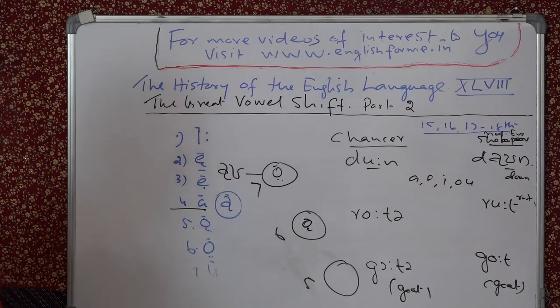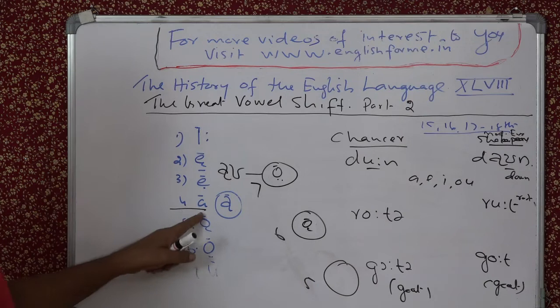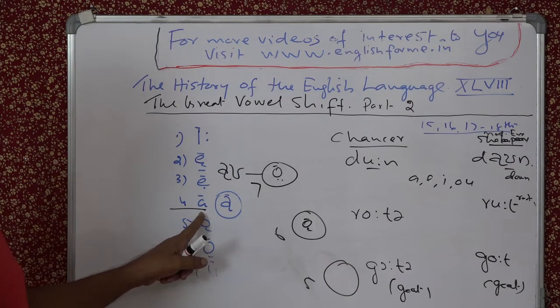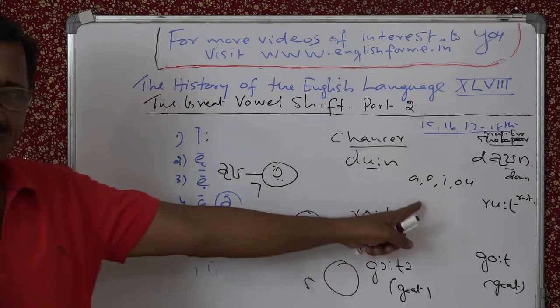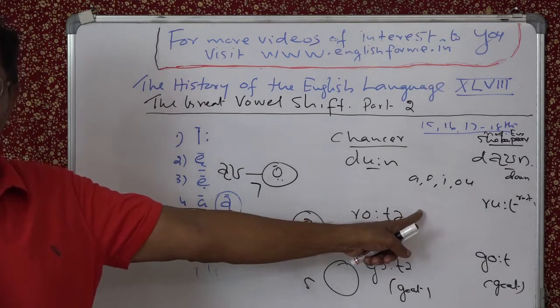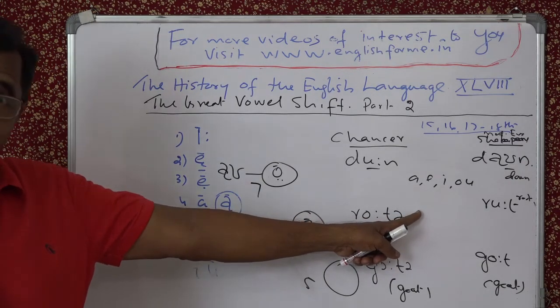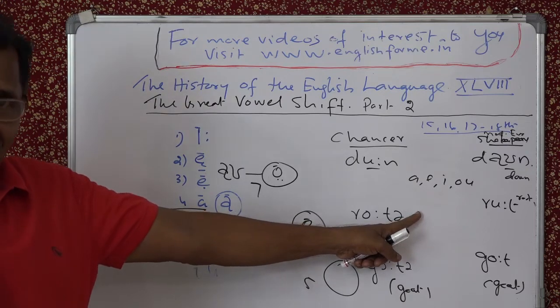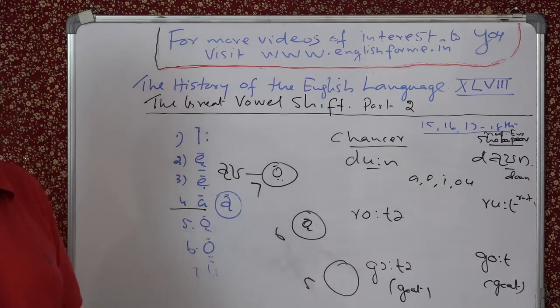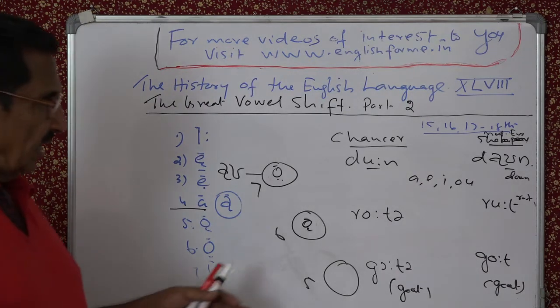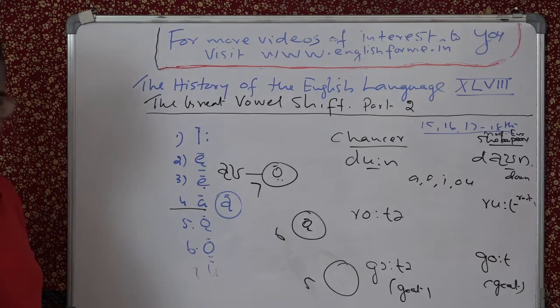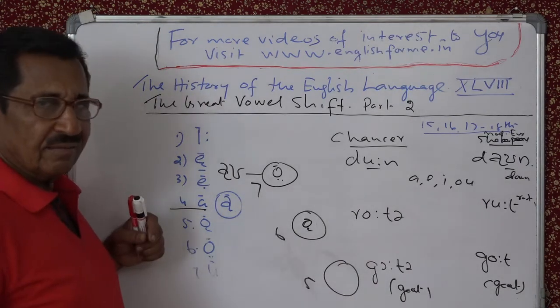The letter A. See, we have seen here, name, N-A-M-E, that is the spelling. So this is spelling. This is letters, vowel letters. Right from the very beginning I have been telling you, don't confuse vowel letters with the vowel sounds. We have 20 vowel sounds, but there are only 5 vowel letters.